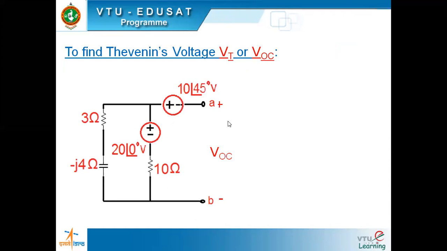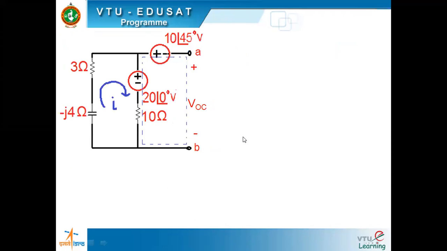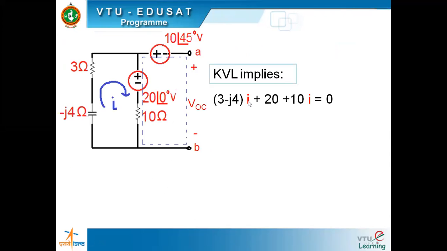Mark VOC. We have to find VOC. How to do that is like this. KVL implies 3 plus J4, 3 minus J4 into I plus 20 plus 10I equals 0. So I gives you this. To find VOC, I have to mark this particular dotted path.